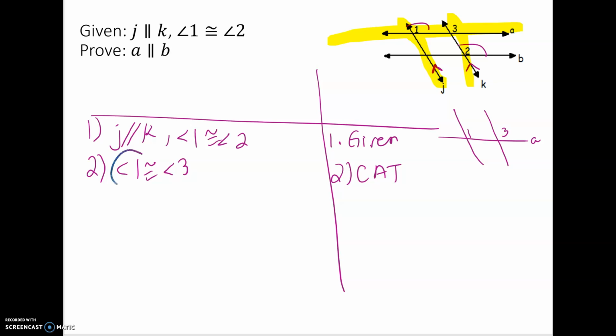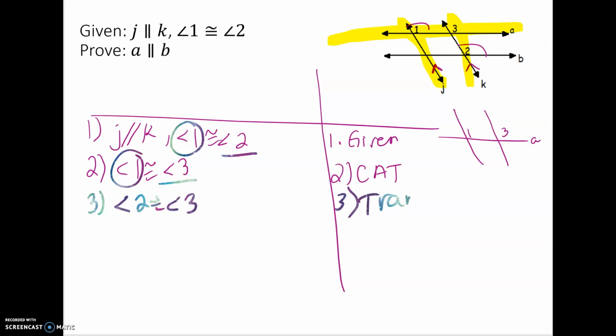Okay, and then using that knowledge, I notice that angle 1 is in both of those pieces. So I can use my transitive property to say angle 2 is congruent to angle 3. Okay, so I've used my transitive property. Now I'm looking at angles 2 and 3.